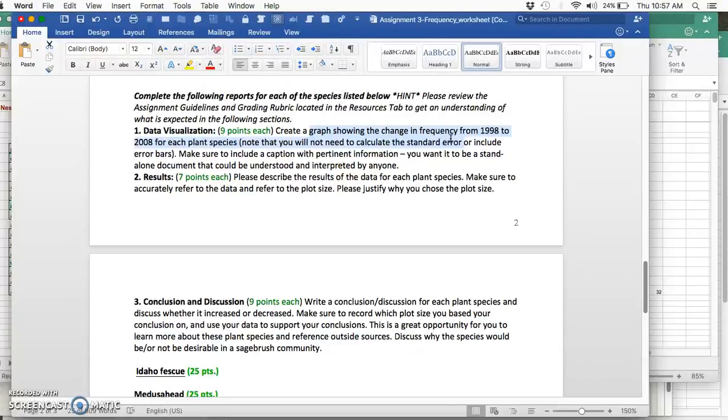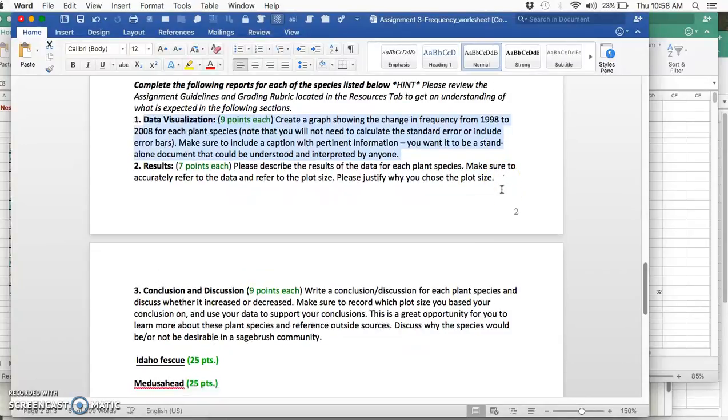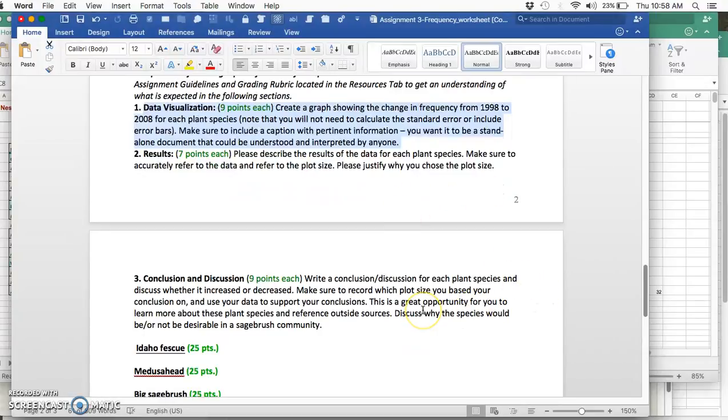Some of you had axes that were cut off, and I'm not sure if that's formatting from copying and pasting it into your assignment, but some techniques to get around that would be to paste it as an image to make sure that you don't lose your axes. So if you lost points here, it was probably because you didn't have a caption, you didn't have appropriately labeled axes, or the axes were not legible, or you didn't have units.